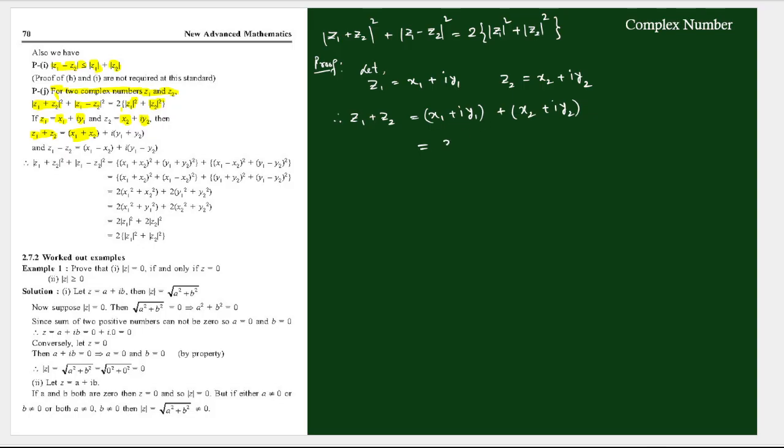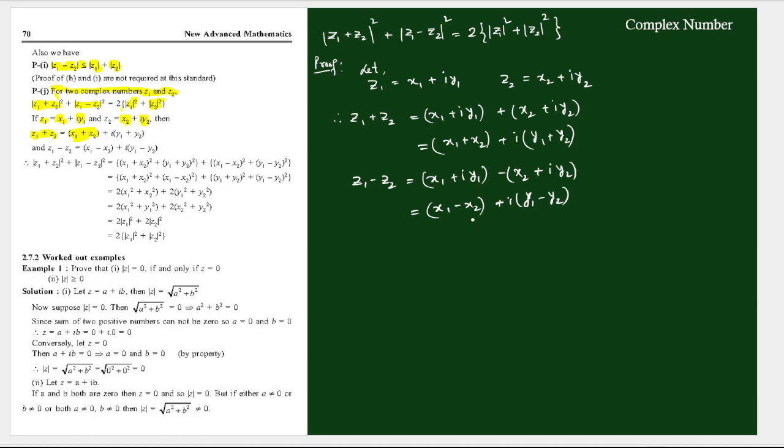So now we will write the real parts together, and i common for the imaginary part, y1 plus y2. Same for z1 minus z2: x1 plus iy1 minus x2 plus iy2. So we can write x1 minus x2 plus i common y1 minus y2.